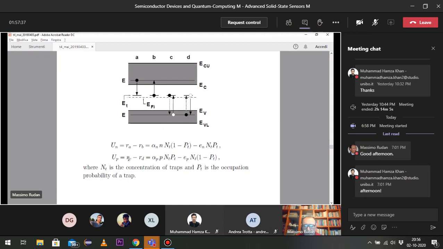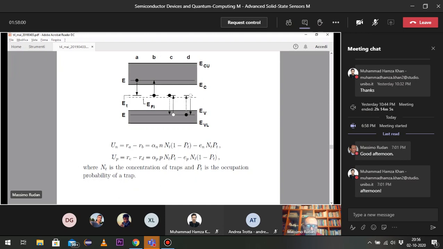Next, RC is the total number of events of type C per unit volume and time. RD is the total number of events per unit volume and time of type D. So obviously, UP, for the moment we keep the two different symbols, okay?